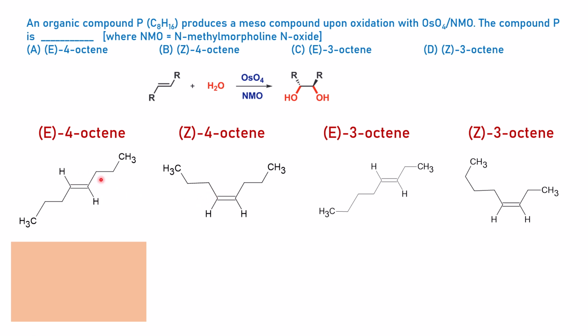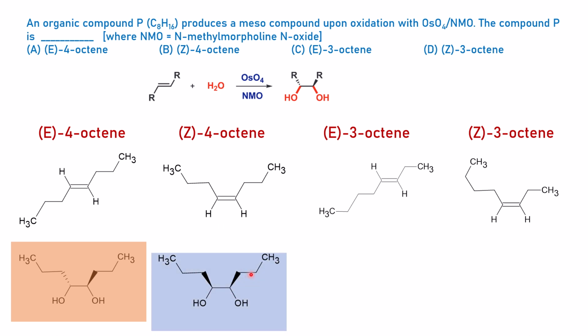In the case of option A, we get this as the product, as we have represented here, and in option B, we get it like this because both the R groups are on the same side.